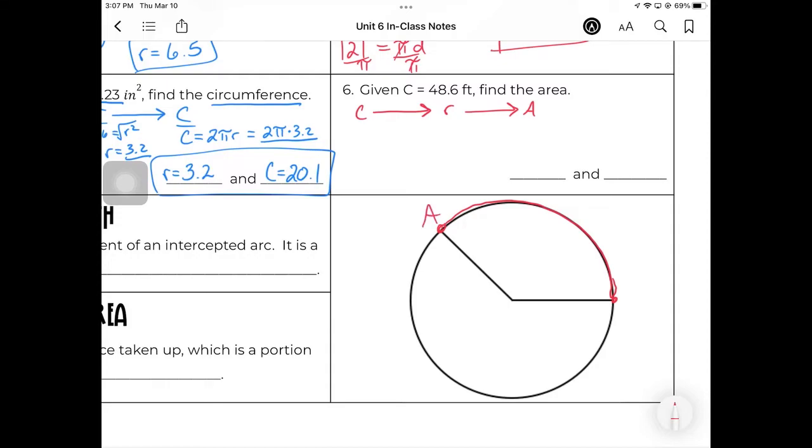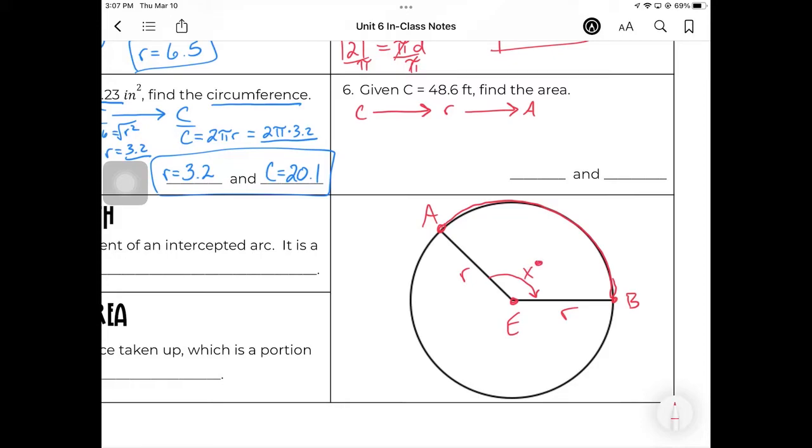So if I call this point A and this point B, and the center of my circle E, from E to B is a radius of the circle, and from E to A is also a radius. This angle created here, we're going to call x degrees.